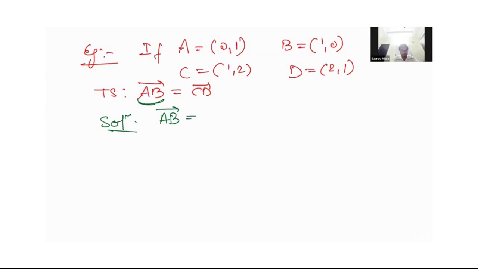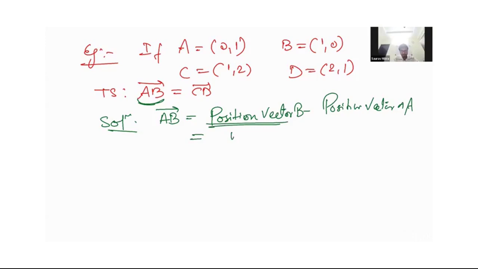AB vector means the position vector of B minus the position vector of A. The position vector of B is i plus 0j, and the position vector of A is 0i plus j. Subtracting, you will have i minus j.